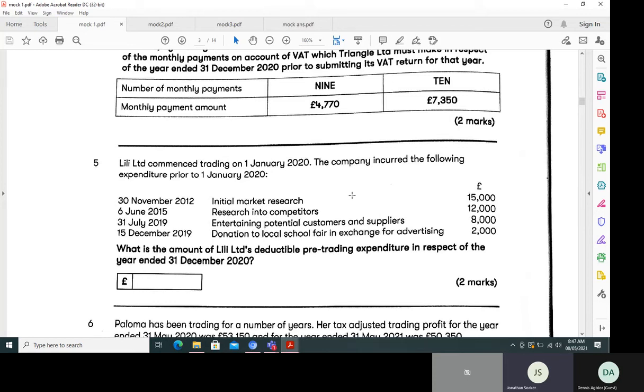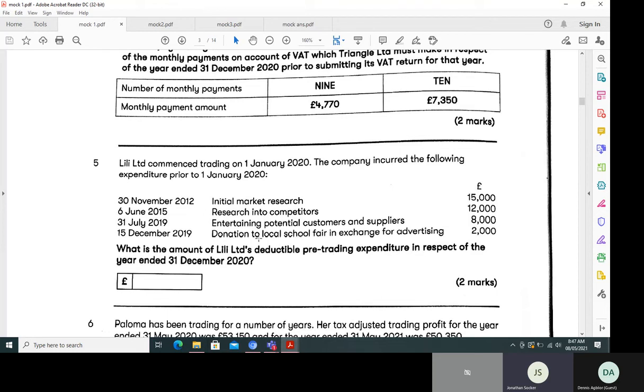We have another one, we call it gift. Okay, gift to customers. For gift to customers, we said it has to meet about 3 conditions. Now this donation, I don't think the local school is a customer.